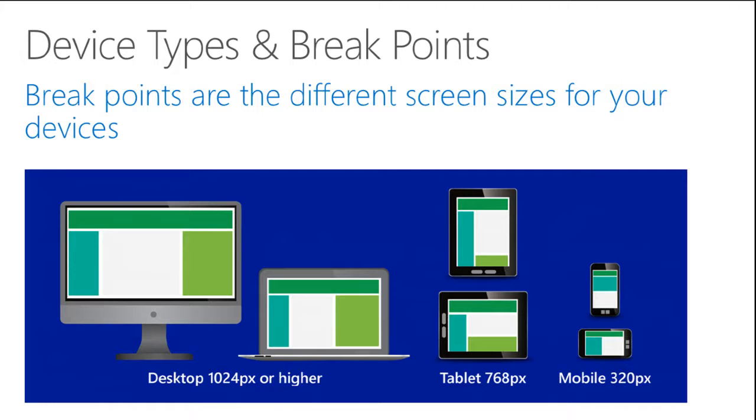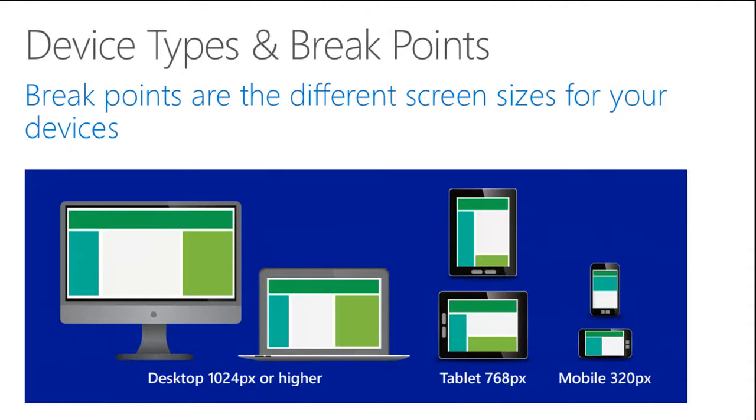Let's be honest, there are tons of devices in the world, right? We're in that BYOD world now. Bring your own device. Everyone has a cell phone, everyone has a tablet, and there are thousands of them to choose from. So how I typically work is I identify three primary breakpoints that meet the general standard, and we start from there. The first is a desktop breakpoint, so basically a resolution that's 1024px or higher.